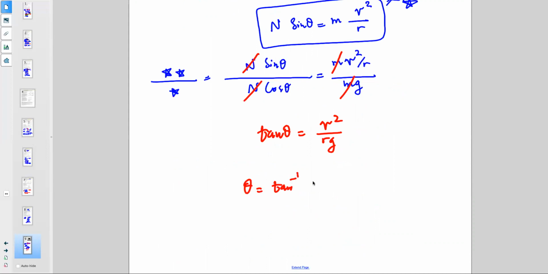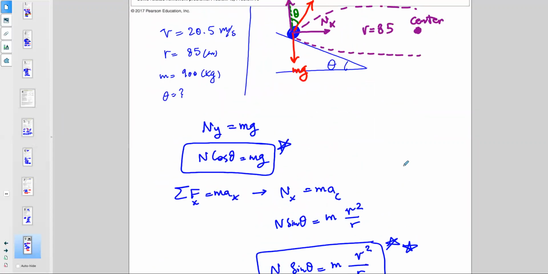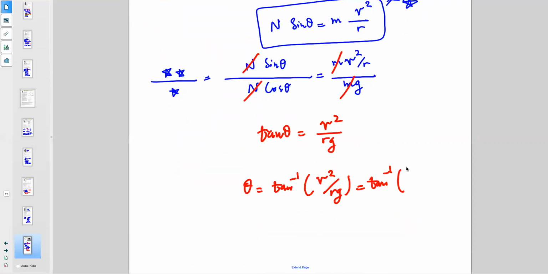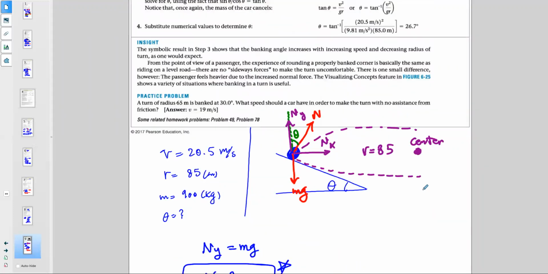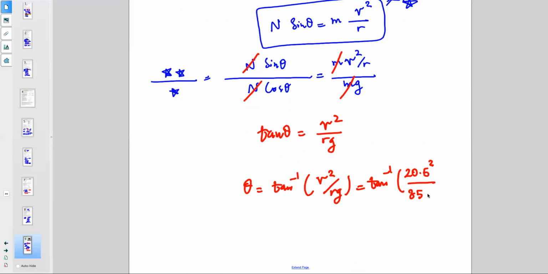tan negative 1 of v squared over rg, which in our case would be tan negative 1 of 20.5 meters squared over r, which is 85, times G, which is 9.81.